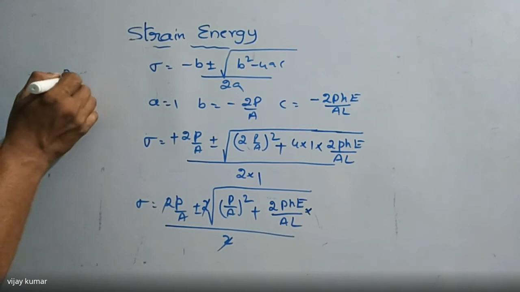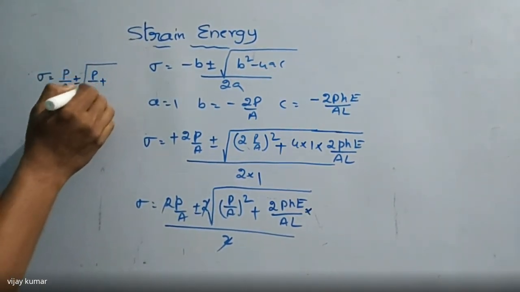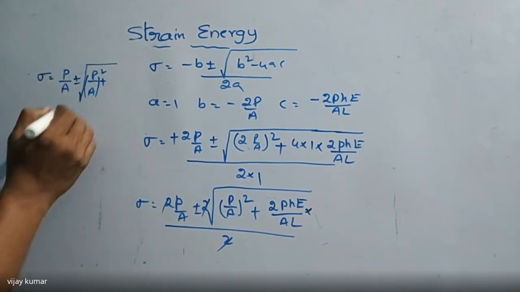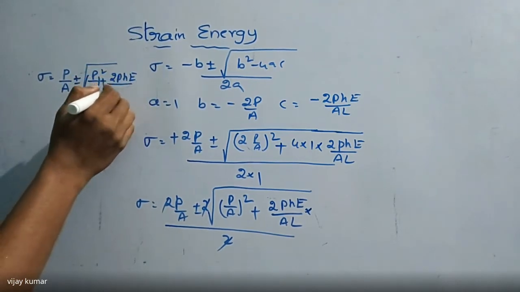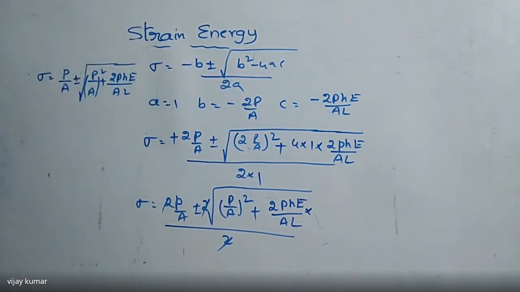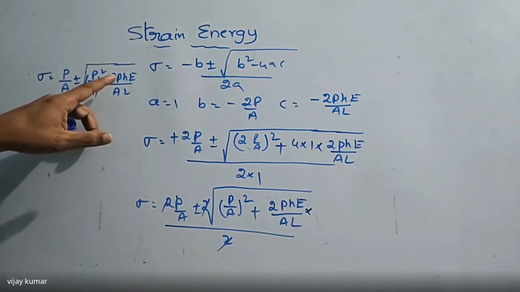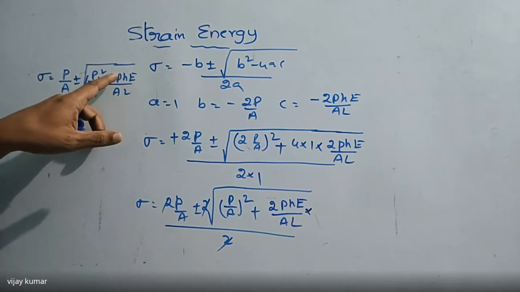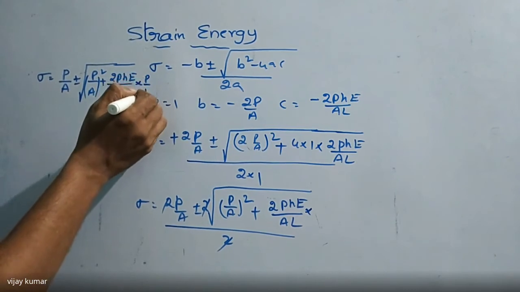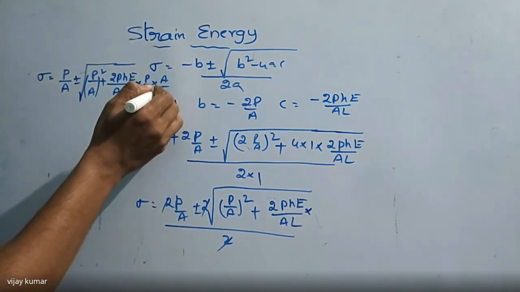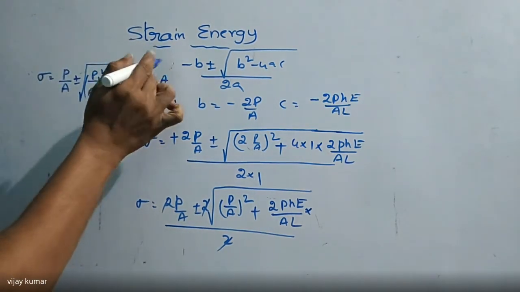P by A plus or minus square root of, I'm writing (P by A) whole square plus 2 into P into H into E divided by A into L. So here (P by A) whole square is multiplied by P here and divided by P here, multiplied by A here, divided by A here. Then all are cancelled. Then automatically we will get this equation like this.